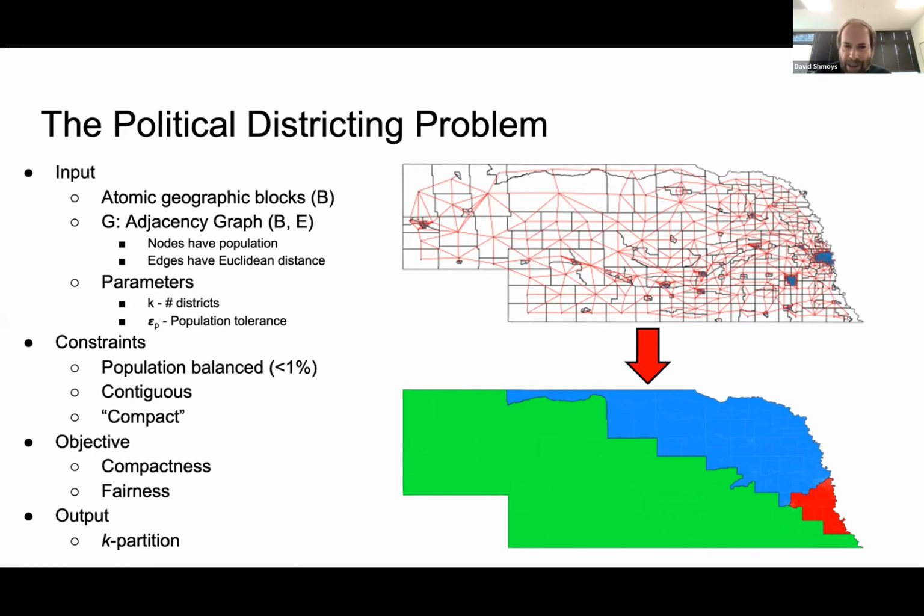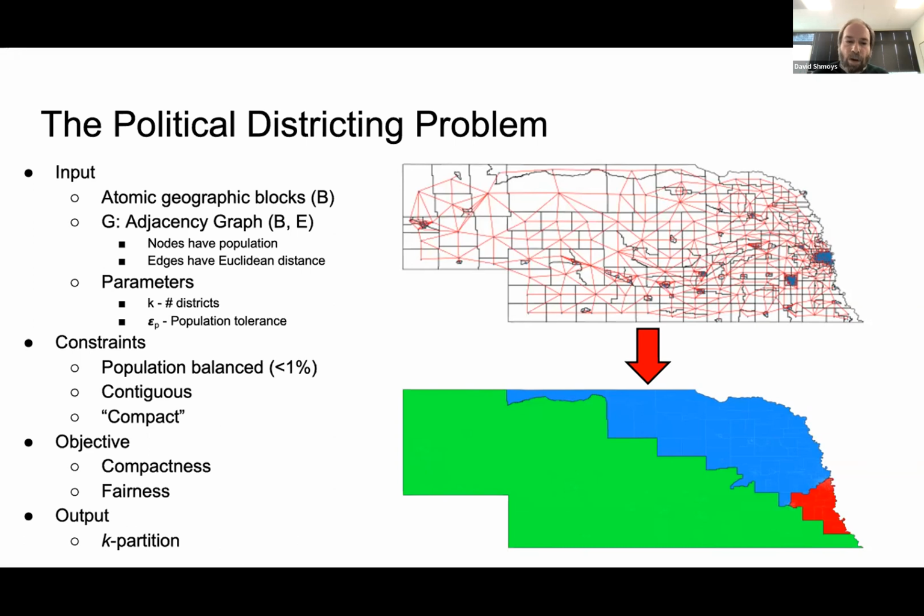There should be some tolerance, typically dictated on a state-by-state basis, and thinking of this as within 1% is a good rule of thumb. Districts also need to be contiguous. If I think about the graph problem, they should be connected components in that graph, or as a physical issue, it should be possible to walk without separation between any pair of points in the district.